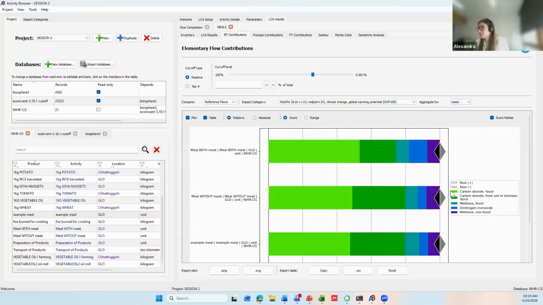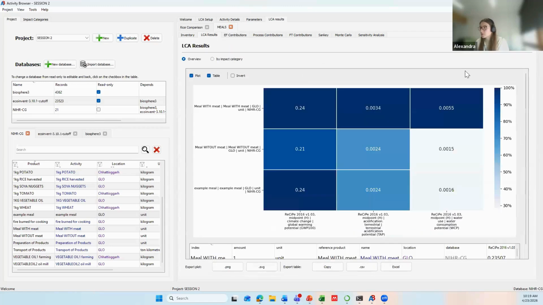So here is a more simplified version. We can see methane derived from fossil fuels, a lot of carbon dioxide derived from fossil fuels, and a considerable amount from biomass. Also here it is important to see how you're visualizing it. This is relative, so all of them appear to have the same results, which is not true, as we know from these results.